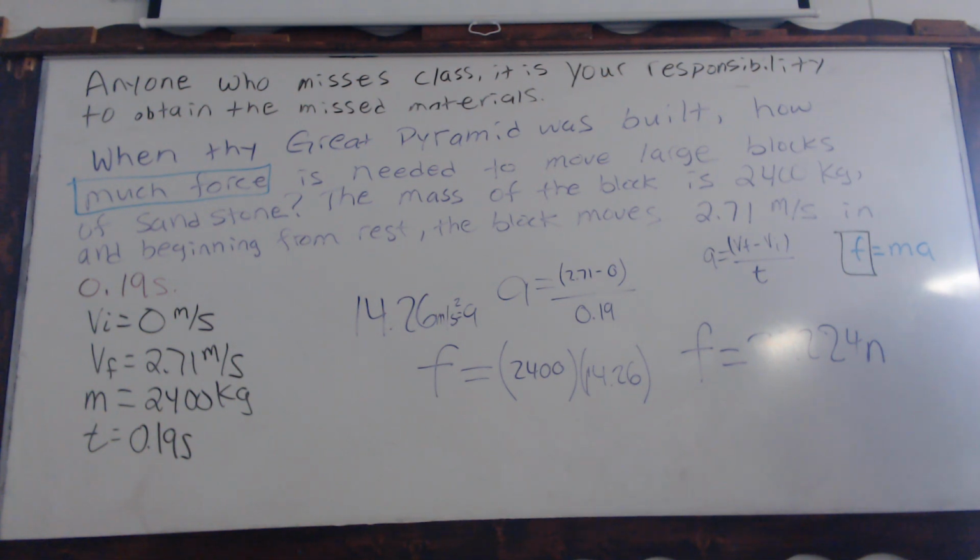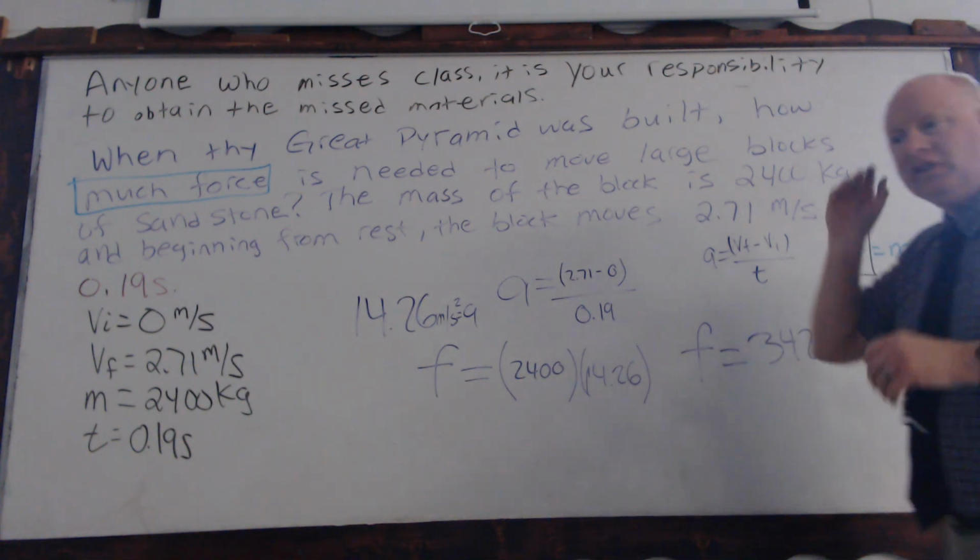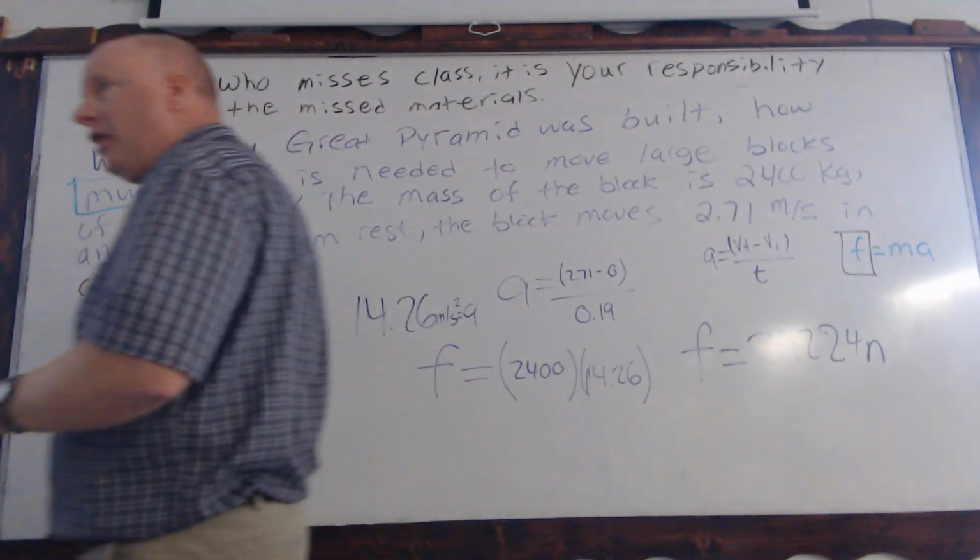Possibly fall back, but maybe it's not going to move. What type of friction is that when no movement occurs? What did we say today? Static friction. So what did those Egyptians do to move those large blocks of sandstone?